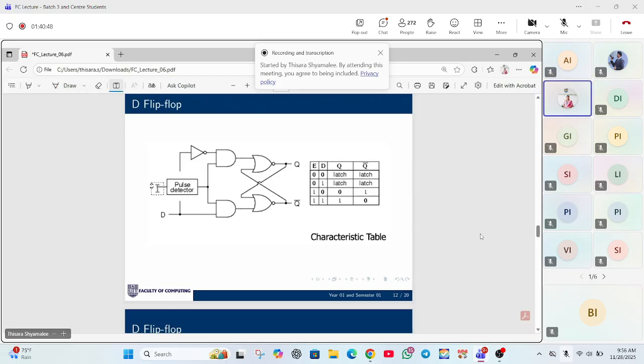Here, this is the C input. Here you can see the D input is here. This is the complement of D. Sorry, here D.